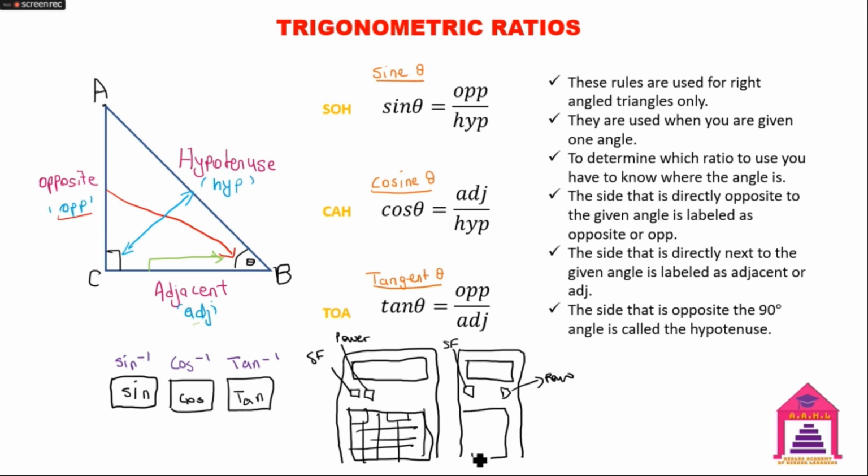I know my sketch is horrible, so bear with me. You usually find SIN, COS, TAN somewhere around this area. This SIN minus 1, COS minus 1, TAN minus 1 is the inverse, and you'll see where that comes in handy.